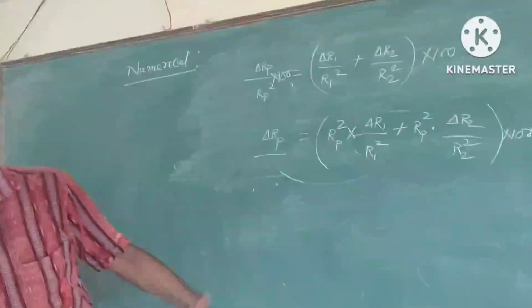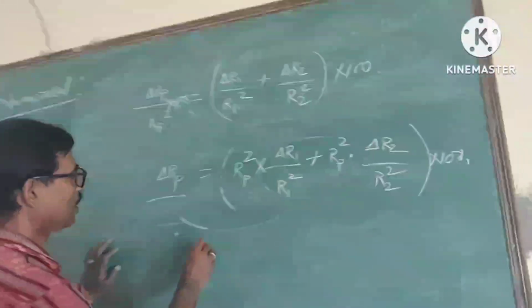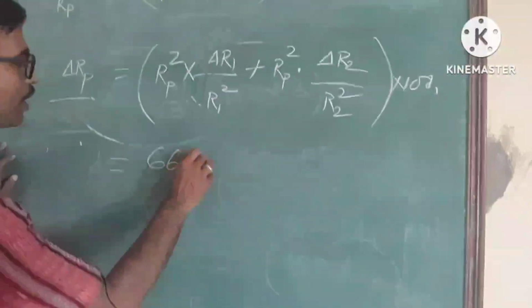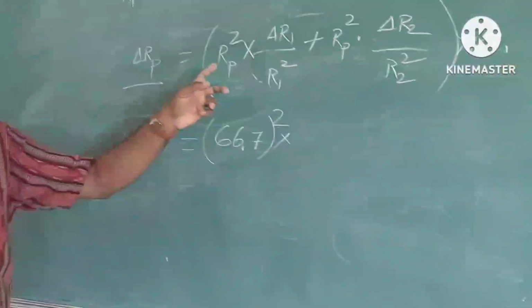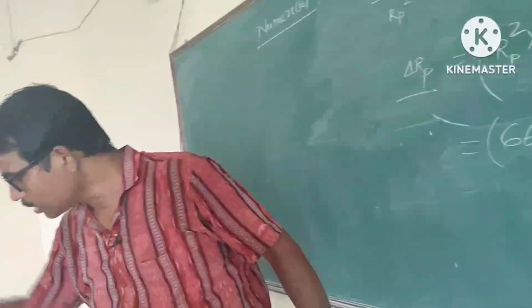So how much are you getting? 66.7 square, that Rp you have already got.